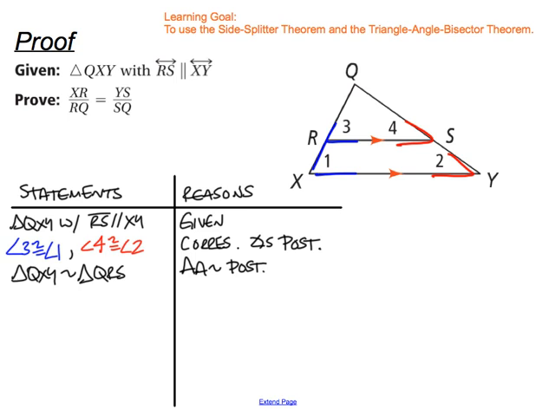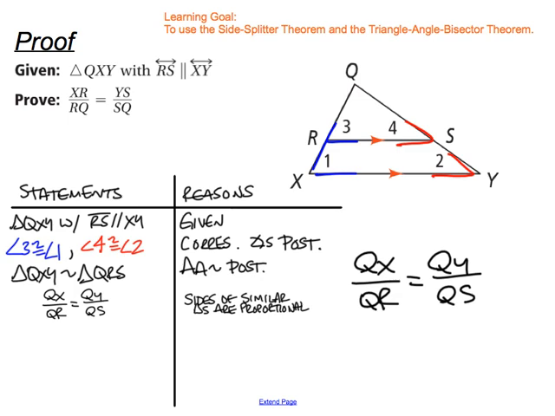Since we have similar triangles, we know that their sides are proportional. So in this case, I'm going to state that QX over QR has to equal QY over QS. And the reason I'm able to make that statement is because sides of similar triangles are proportional.